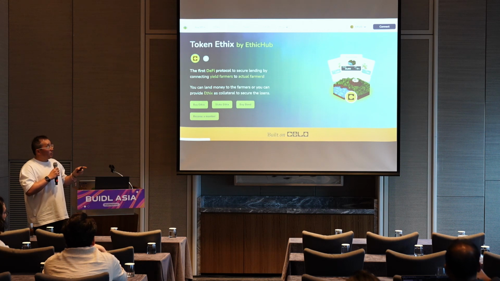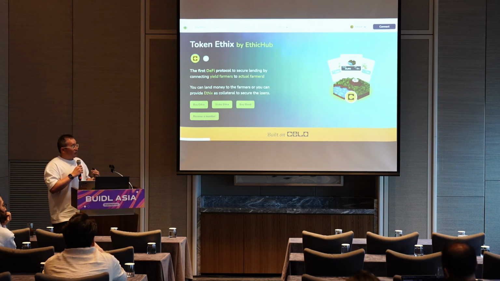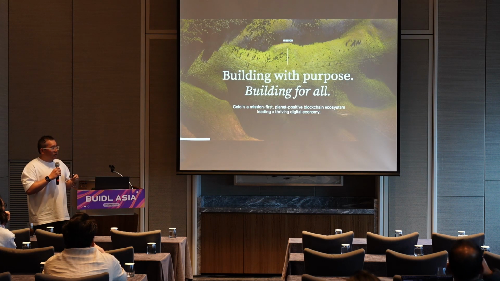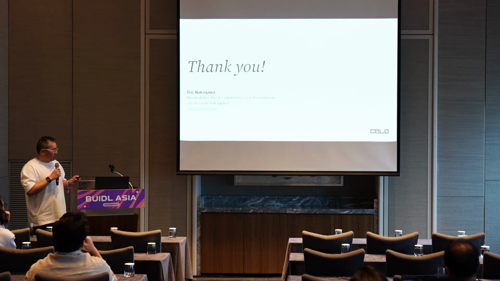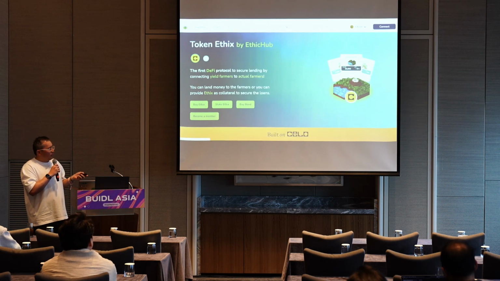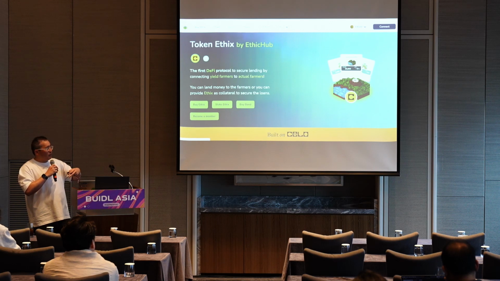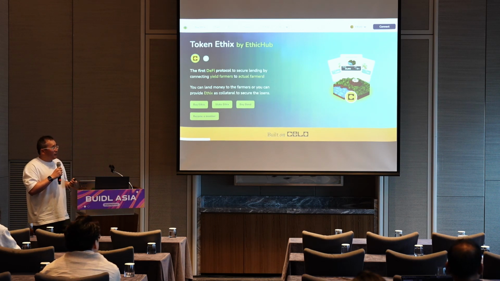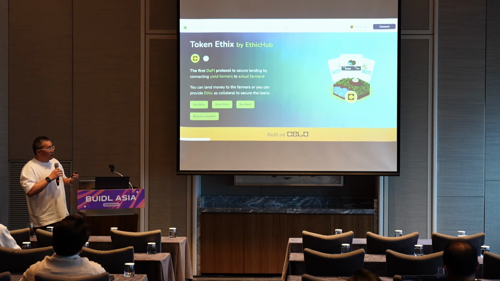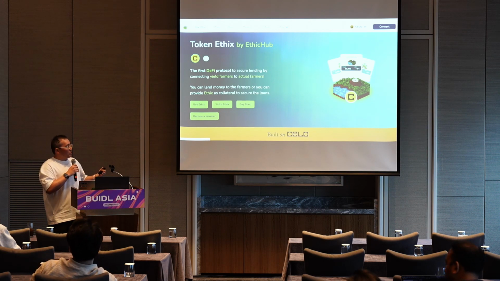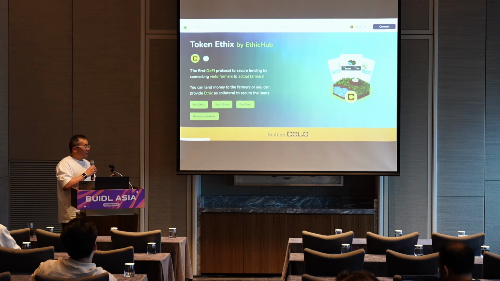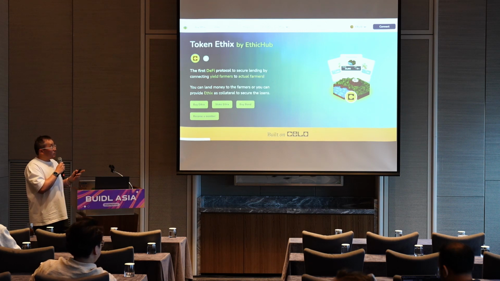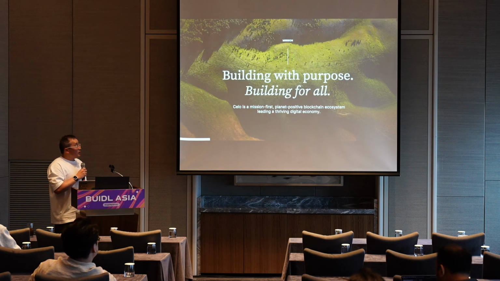With Ethic Hub and Ethic's token, people can access much more favorable terms that help them lower the cost of producing on their farms. I think it's a great project. When you look at accessing and helping people, we talk a lot about people that aren't even in tech or are on the fringes of tech, and how much more on the fringe can you be than someone physically farming. So this is definitely a project worth checking out.